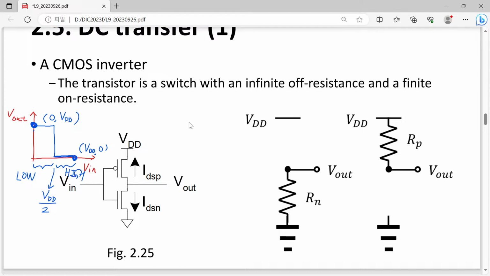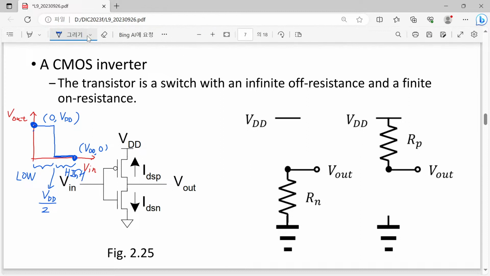But think about a little more degraded, more realistic one, like Vin and Vout. And of course, here we have two fixed points, and now think about this kind of curve.